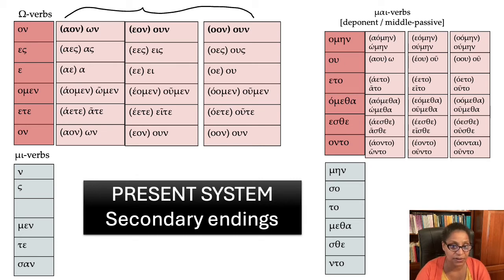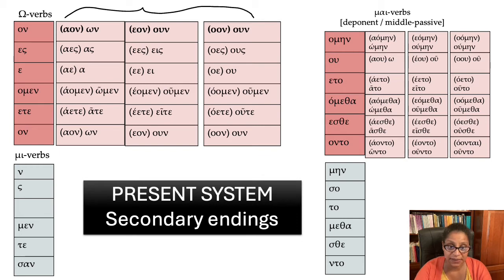Whereas the mi-verbs do not. The stem and the endings just go together. There's no buffer zone. And so you're just putting the endings straight onto the stem.